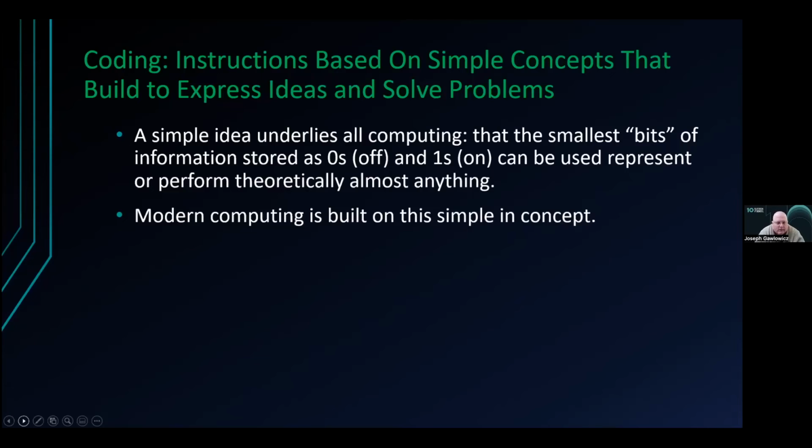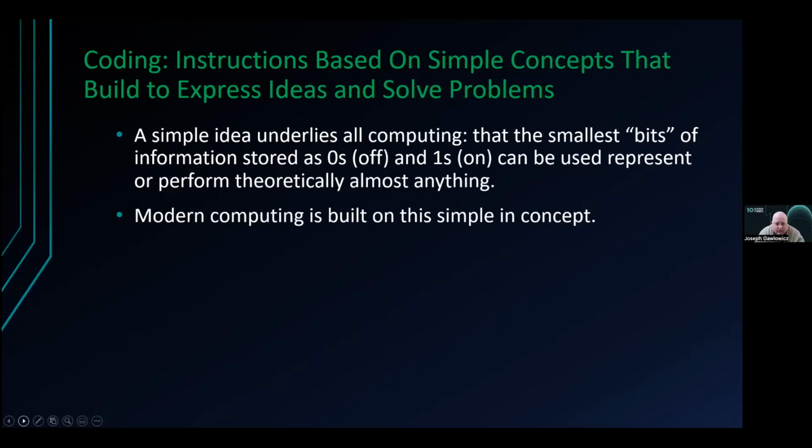That's all the ones and zeros that encode both the data and the software that works on data that we work with. So it's just this idea of ones and zeros, and that's essentially what a computer understands.